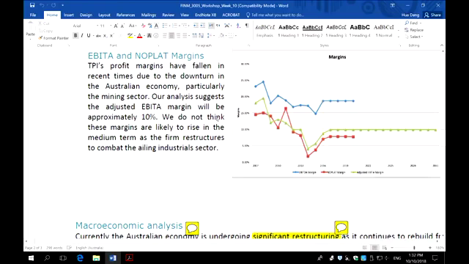We say we do not believe. That's a much stronger word to convince people to be on your side, to believe what you are trying to tell in your research report. So we do not believe these margins. They only talk about EBITDA margin only. What are these margins?